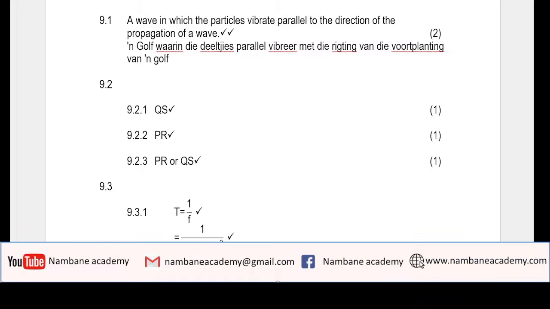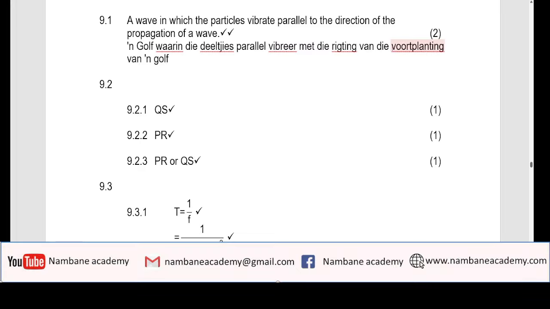It shows also the distance between point P and point S, which is 300 centimeters. 9.1, define a longitudinal wave. It's a wave in which the particles vibrate parallel to the direction of propagation of the wave, which is 2 marks.